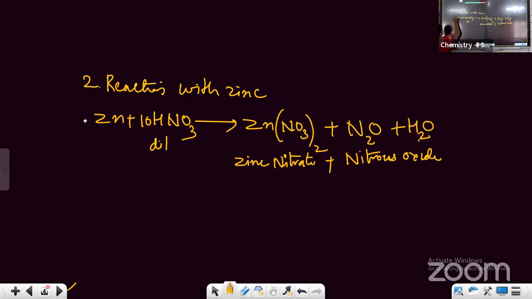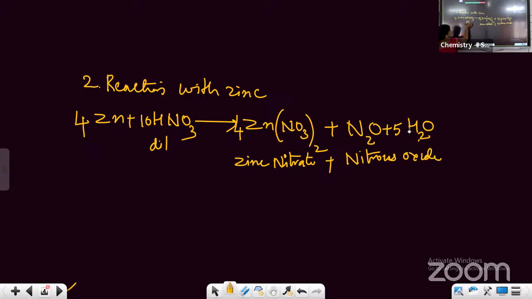Okay, 4 moles of zinc, so zinc 4 होना चाहिए. 4 2s are 8, so out of 10 nitrogens, 8 nitrogens are already here. So the remaining 2 nitrogens are here. Then hydrogens, 10 hydrogens, so 2 are there already. How do we have to balance this? Plus 5. Okay, students.